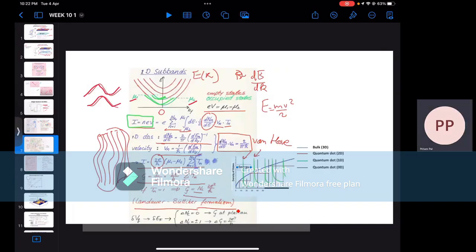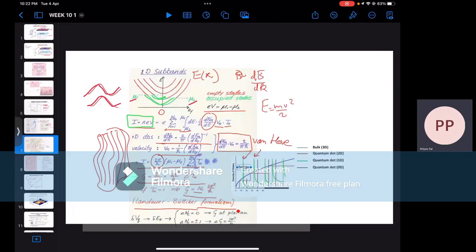We can use our knowledge of the density of states, which we already derived last time. Look at the green curve that I've shown here. That's the density of states for exactly this one-dimensional system.